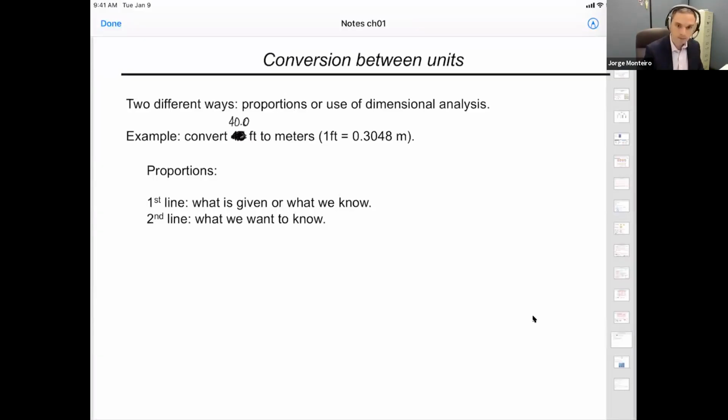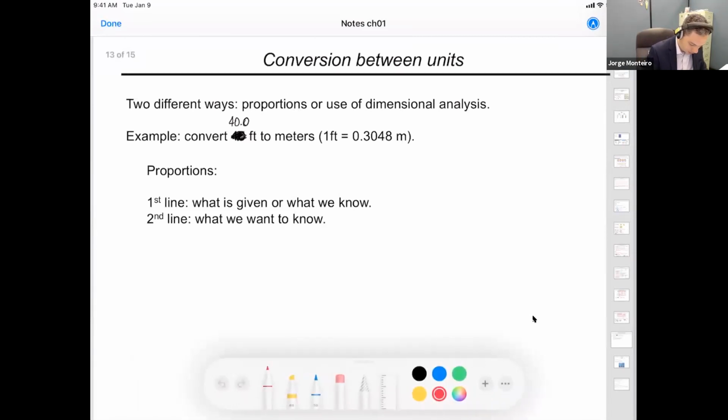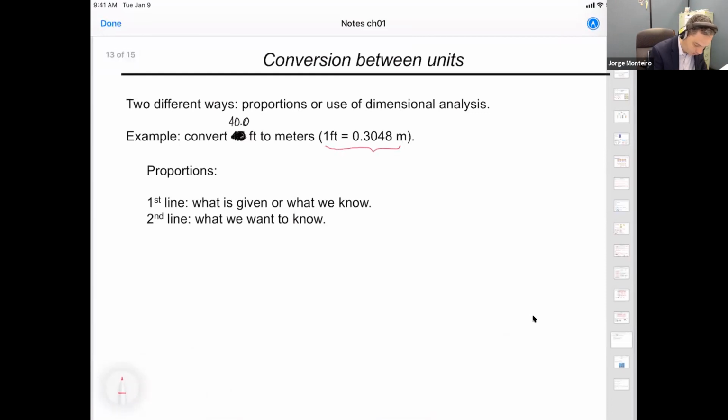Okay, so let me switch to my other screen so that I can write. Okay, very good. So first thing here that you need to observe is that I provided you the conversion factor.